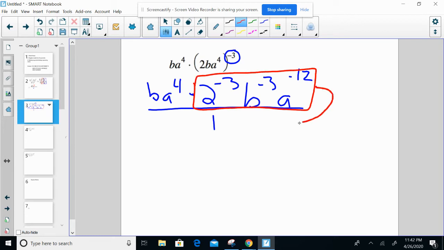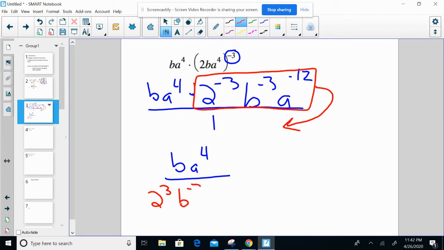So these are in the numerator, so they're going to go to the denominator. So the b a to the fourth stays on top. And then on the bottom, I'll do it in red here, 2 to the third. It becomes positive because we moved it.